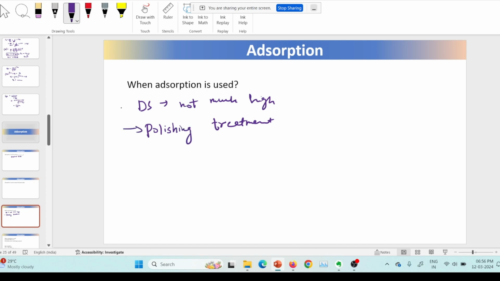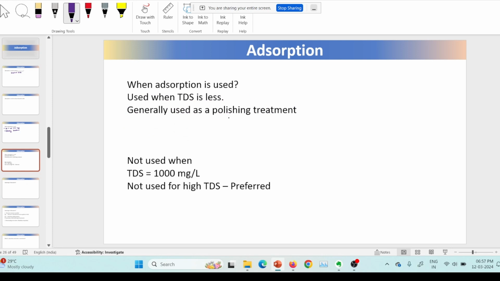It is used as a polishing treatment, and we'll study further. It is used when TDS is less, and it is not used when TDS is high and like that.